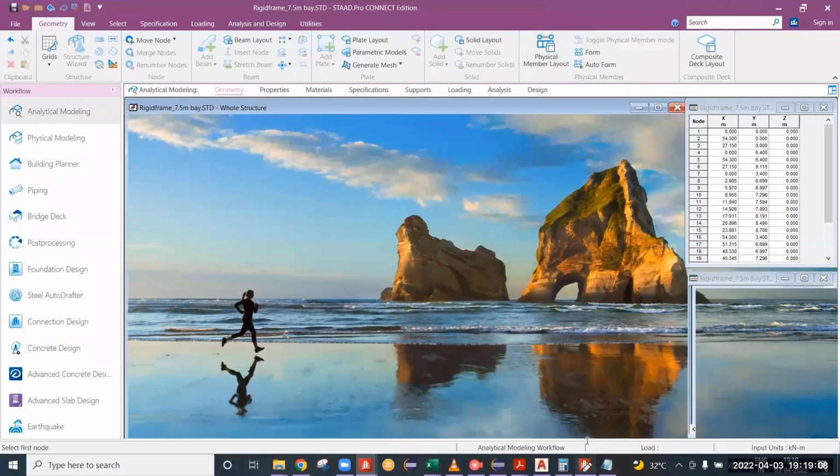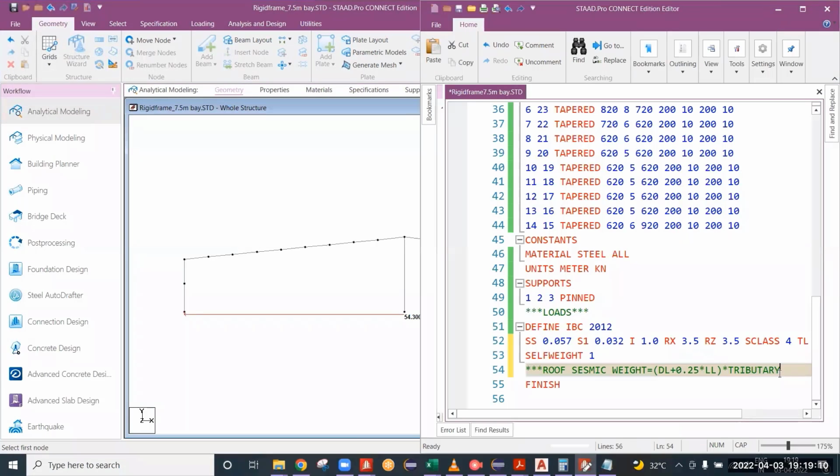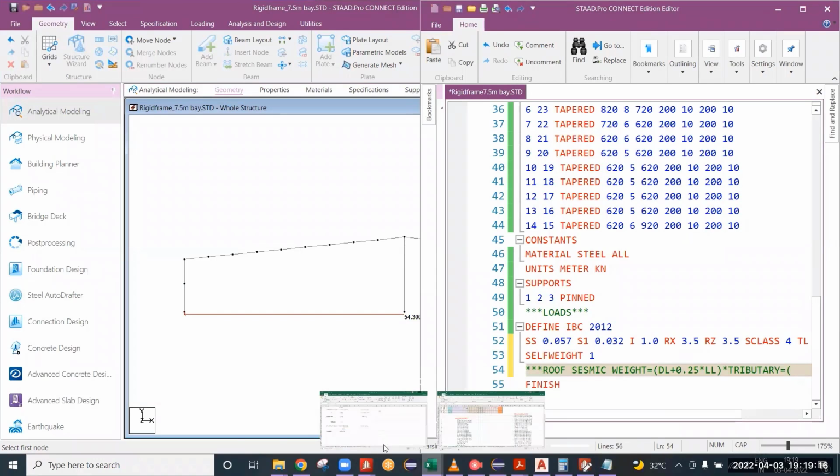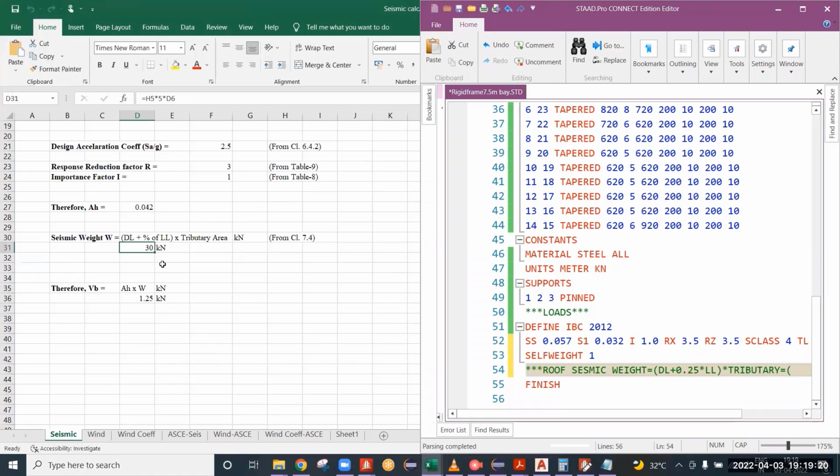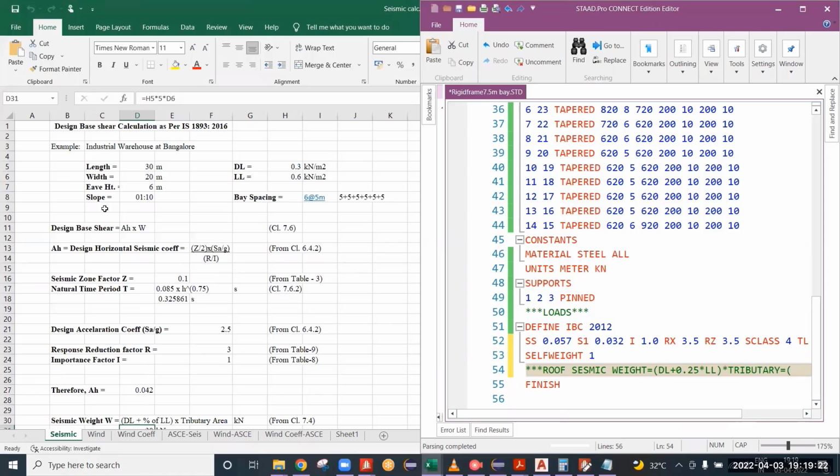So I am applying this formula. What is the dead load in our example? Suppose length or widths we have changed, don't bother about all these things. Dead load and live load, this is a sample example, that's why I'm taking rough values to explain.